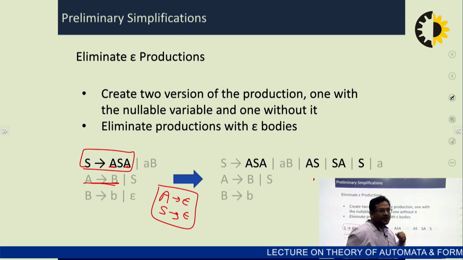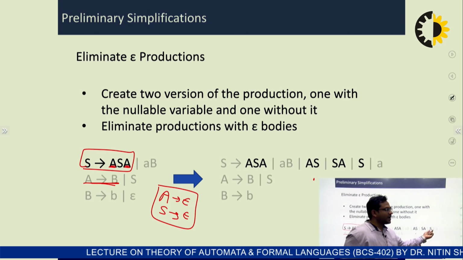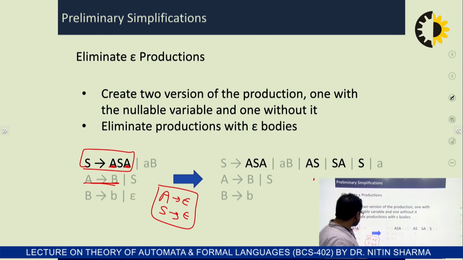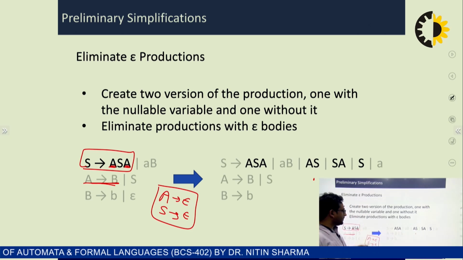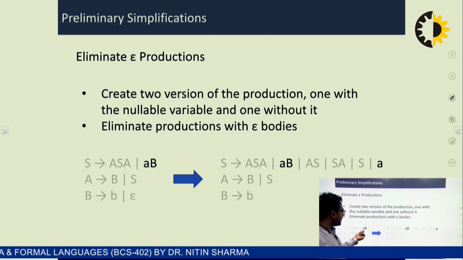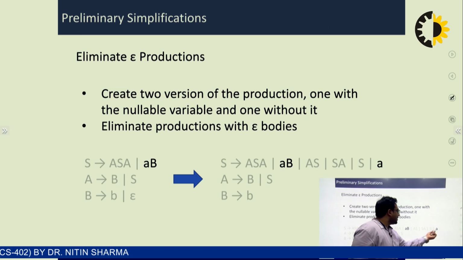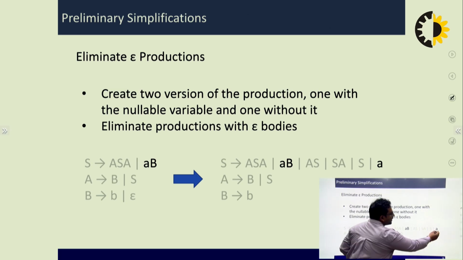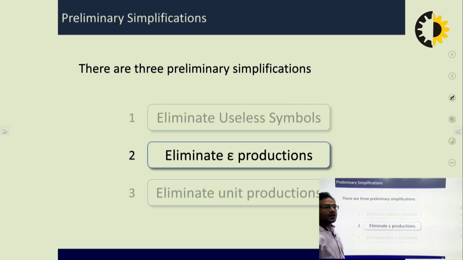Next, we put epsilon for both A, and we get S. Next, AB: if we put epsilon in the place of B, we get A, and if we put epsilon for A, we get B. These are the productions we are getting here. This is the way you can eliminate the epsilon productions.